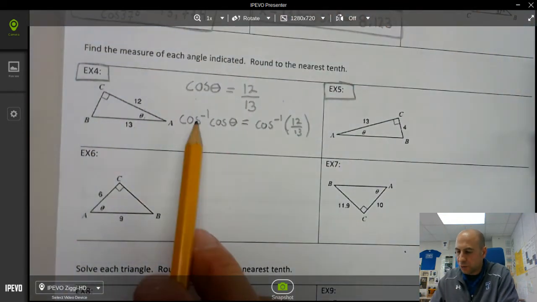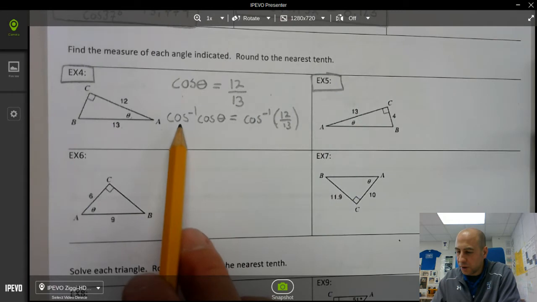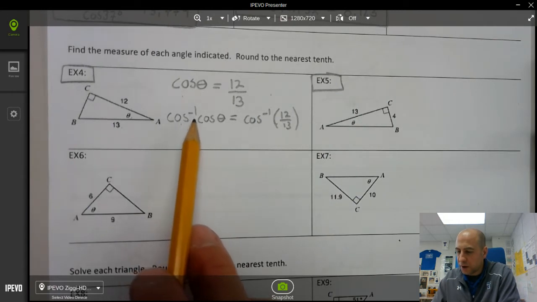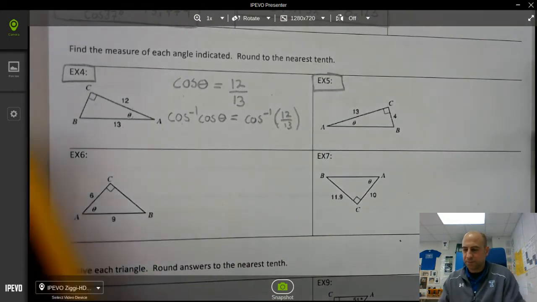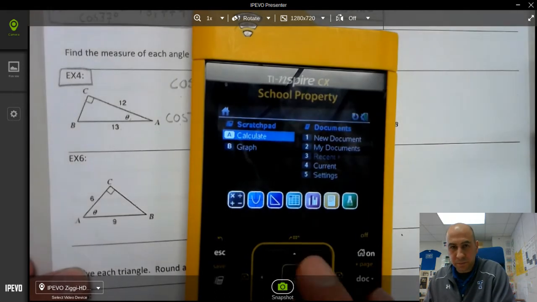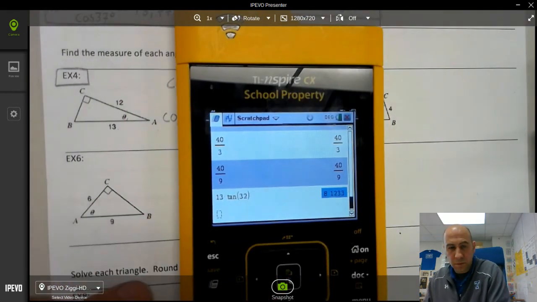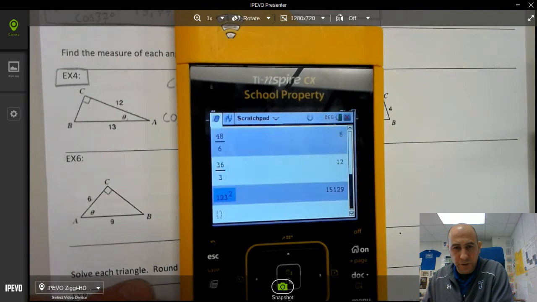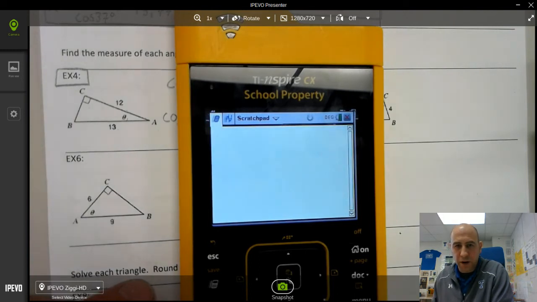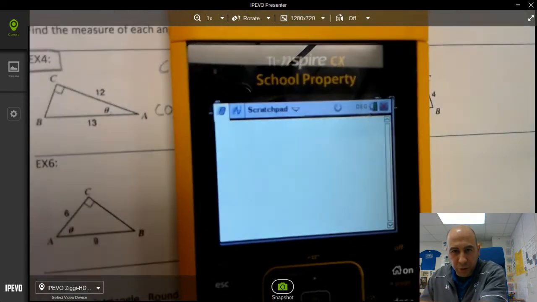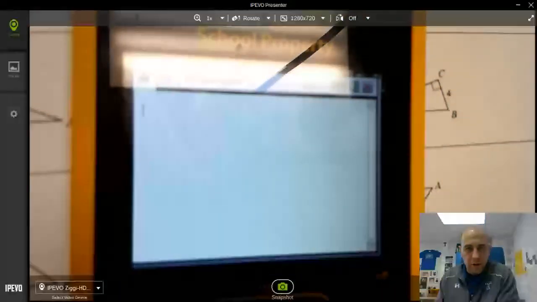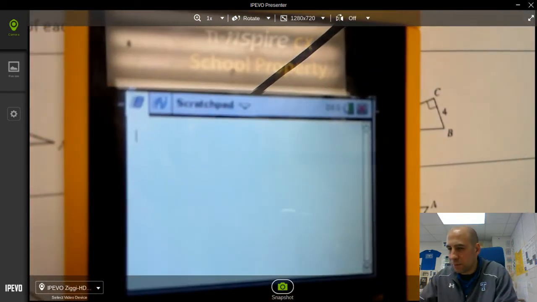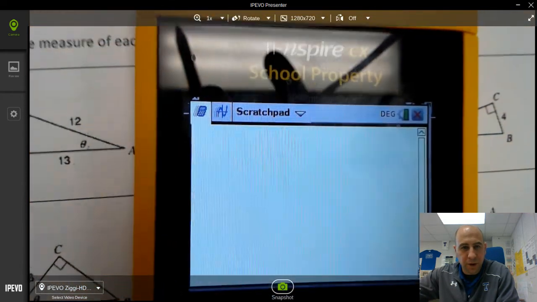Now watch, I'm going to use a calculator in this case because I want to show you what happens when you do cosine inverse of cosine. Let me clear out whatever is on this screen. Apparently there's lots of stuff. I'm going to do a super zoom in, and we have a little blurriness. Let's get that zoomed out.